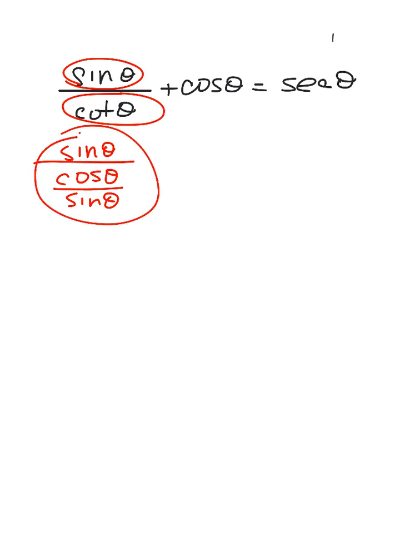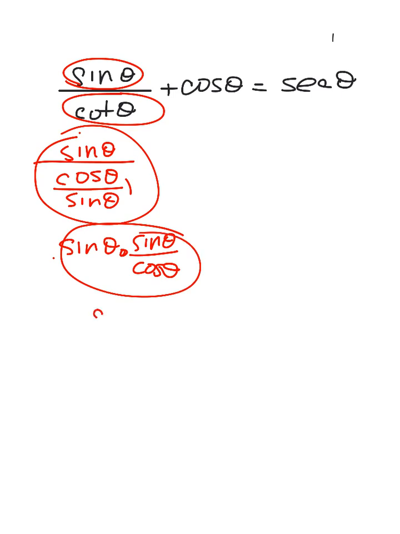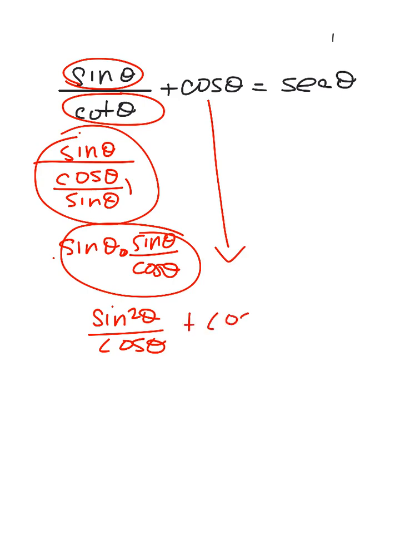Here I'm going to do same, change, flip. So I have sine theta times, now flip this, sine theta over cosine theta. So this becomes sine squared theta over cosine theta plus cosine theta equals secant theta.